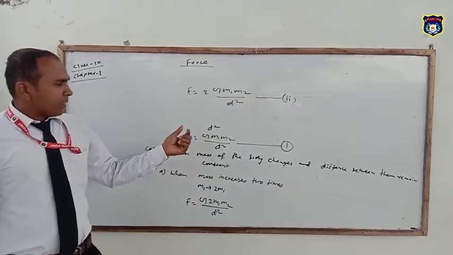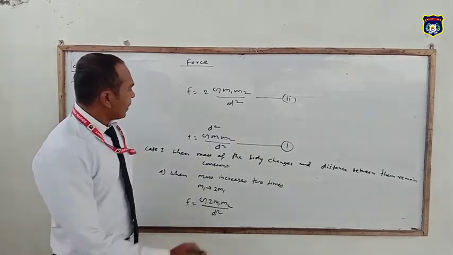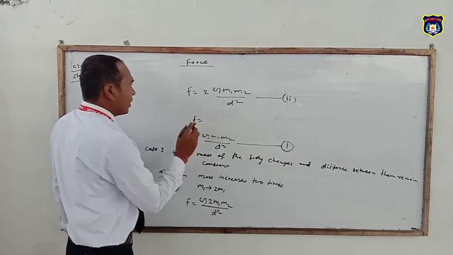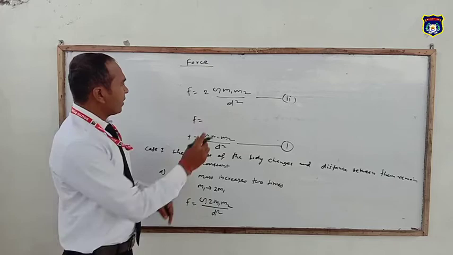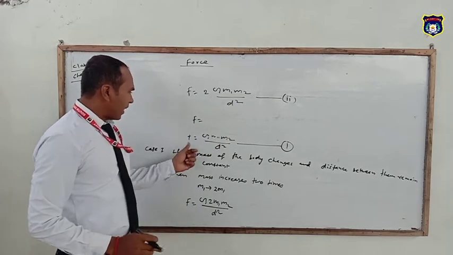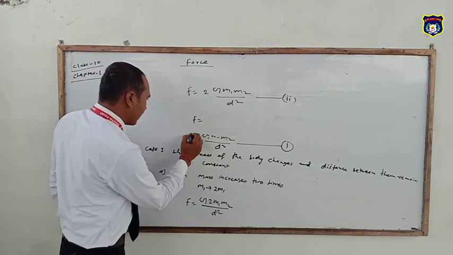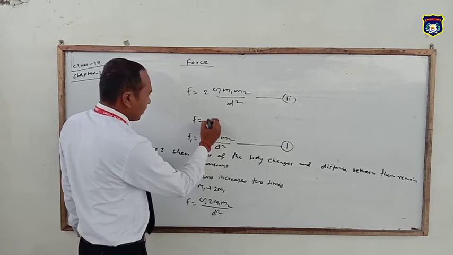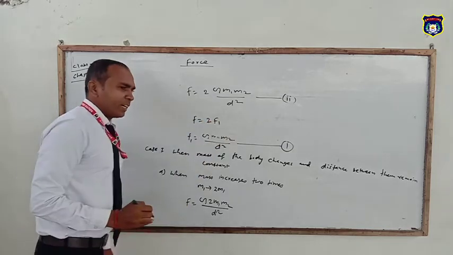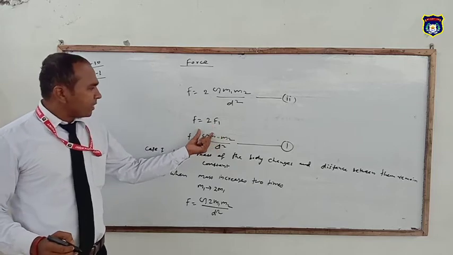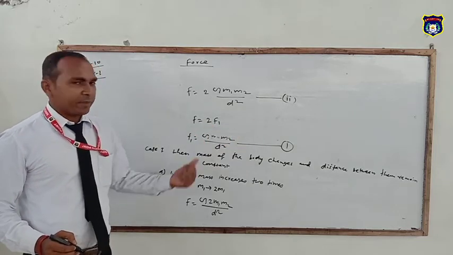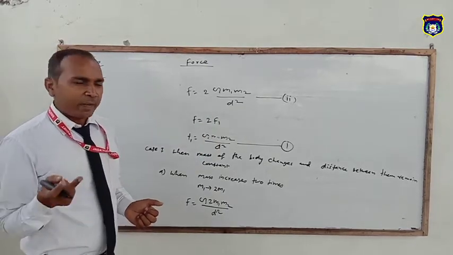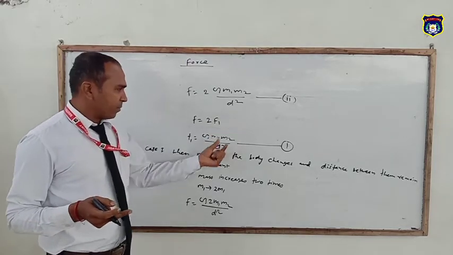When we compare the first equation with the second equation, instead of G m1 m2 by d square we can write F1. Then it is 2F1. It means now F has become 2 times greater than previous. It means when the mass of one body increases 2 times, the force also increases 2 times.